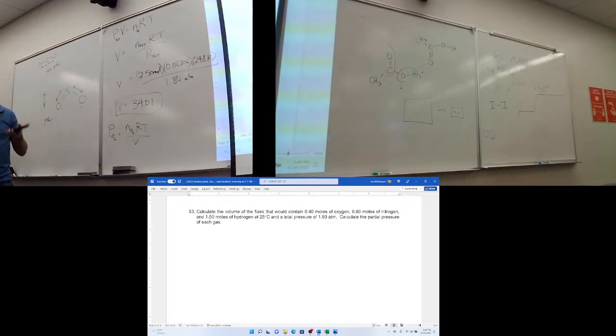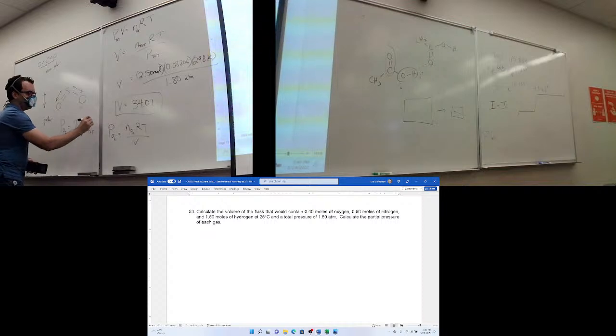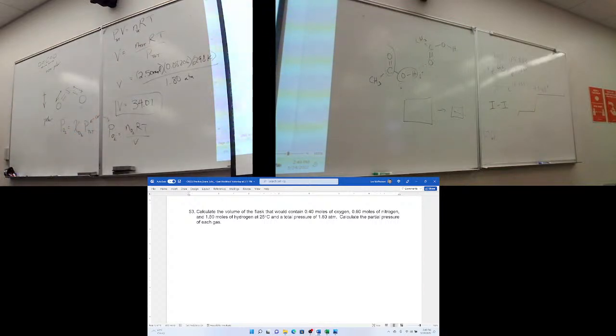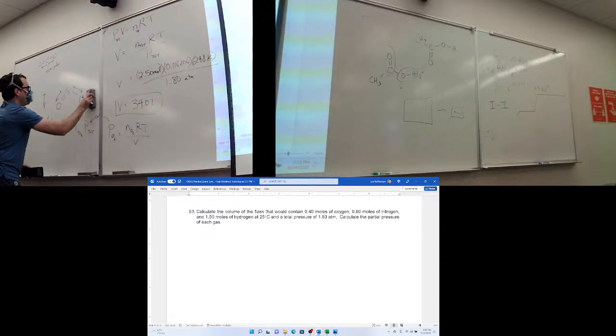You'd have to do it for all 3 gases the same way. Or you can find the partial pressure of oxygen by getting the mole fraction of oxygen multiplied by the total pressure. These are the 2 different ways to do it. So it's up to you which one seems easier. I think the mole fraction one is easier, so let's do the mole fraction one.